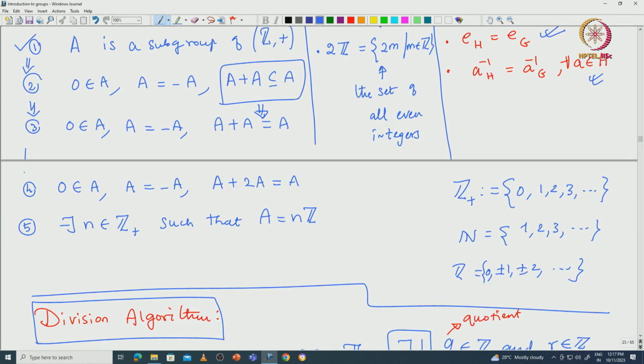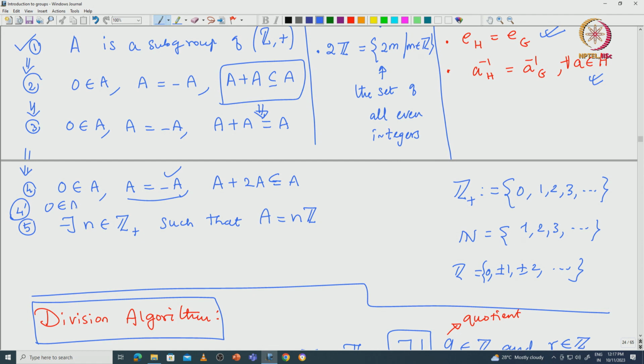Now, 3 implies 4 is also obvious, because 0 is in A is already there, and A equals minus A is already there, and A plus A is equal to A, then obviously A plus 2A is a subset of A. So that is obviously a subset of A, and now 0 is there, so A plus 2A is also equal to A. Okay, so maybe you write it as 4 dash.